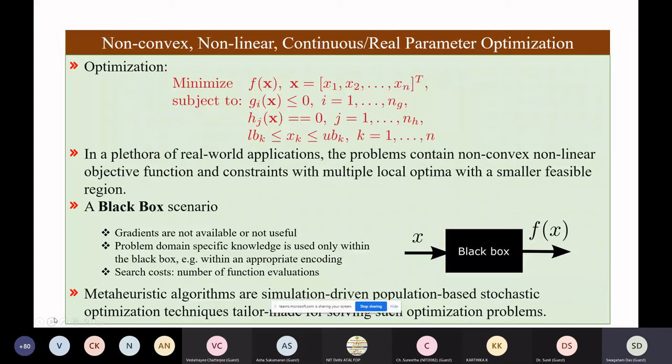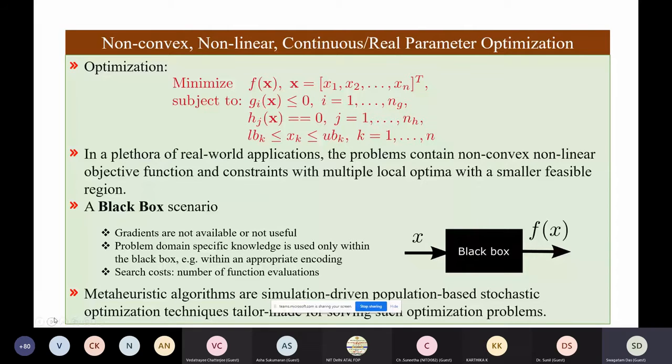Let us just recapitulate that if our optimization problem is non-convex, non-linear, continuous. Continuous means the search variables are actually real numbers, and the real numbers can have any floating point value. In fact, computers cannot represent real numbers very clearly because their memory is finite.